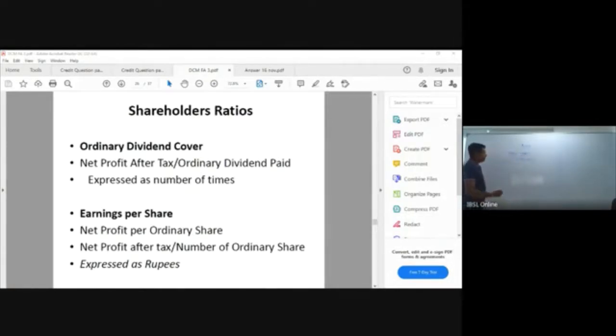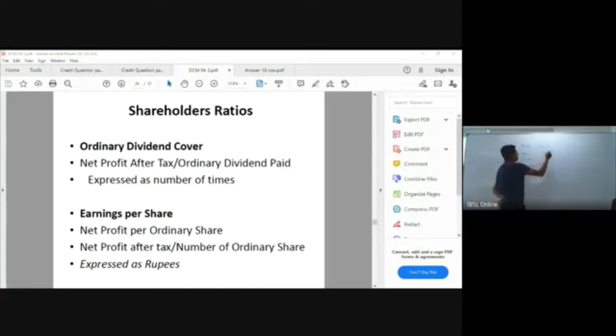The famous mistake is, in the income statement, net profit is given as, say, 10 million. When you are expressing 10 million in terms of thousands, it's 10,000, right?